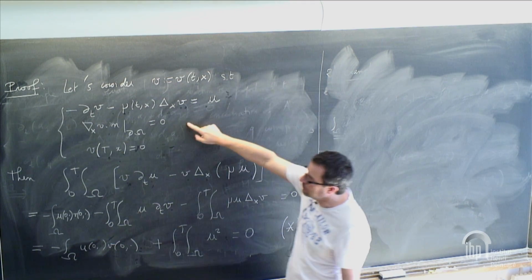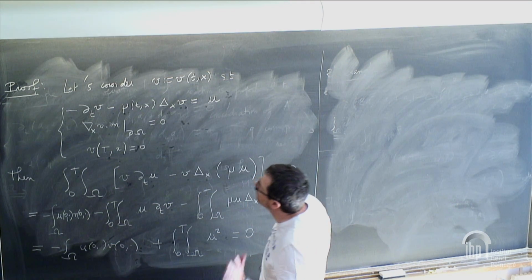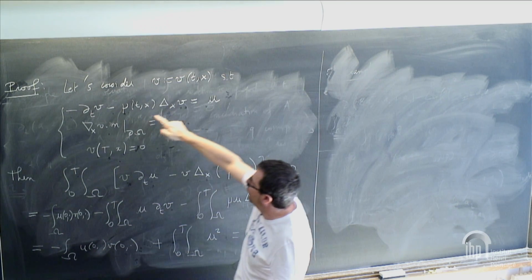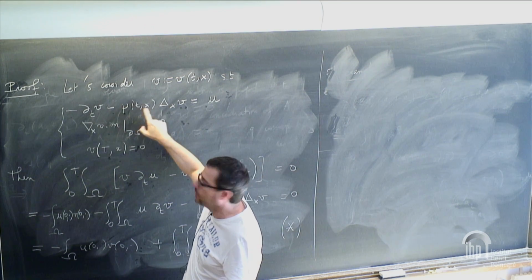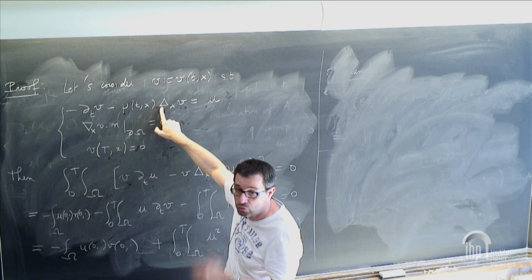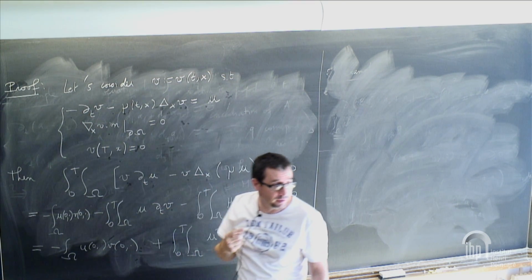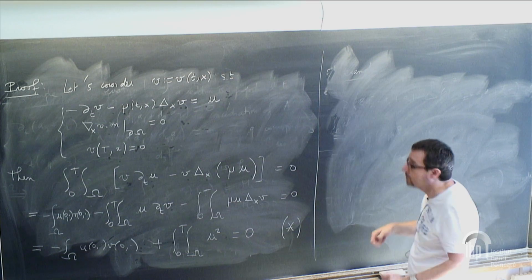We start from here, and we say, well, the easiest thing to do when you have a parabolic equation with a coefficient outside of the Laplacian is to multiply by the Laplacian itself and to integrate by parts. So let's try to do this.